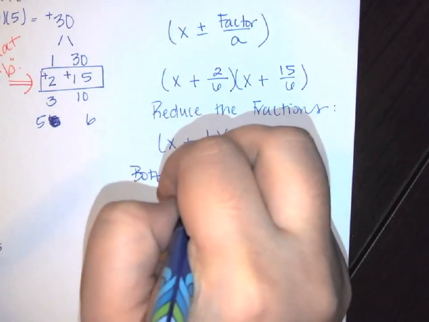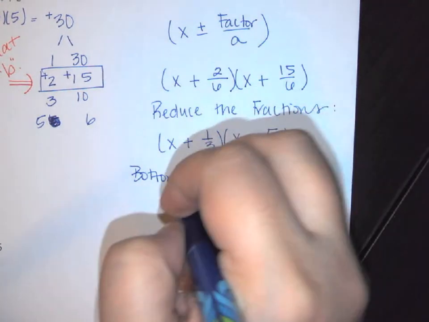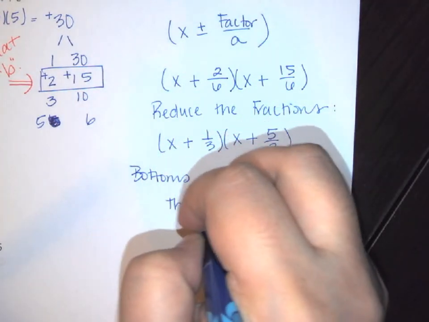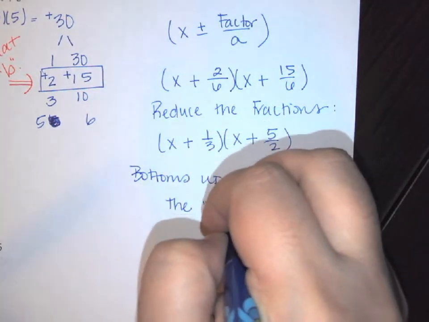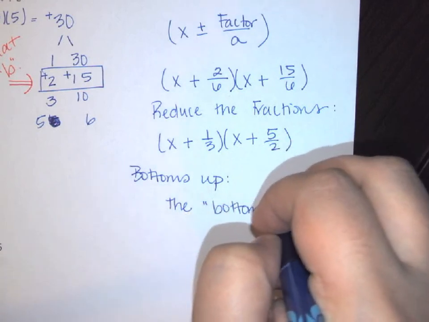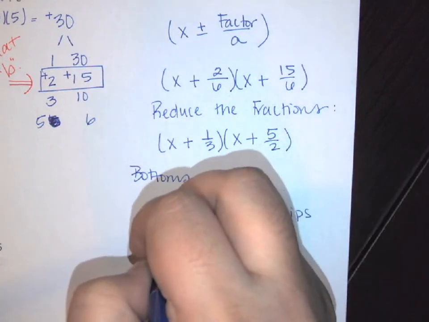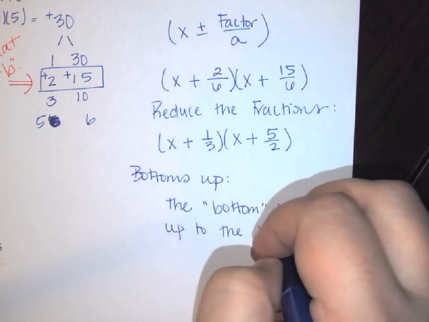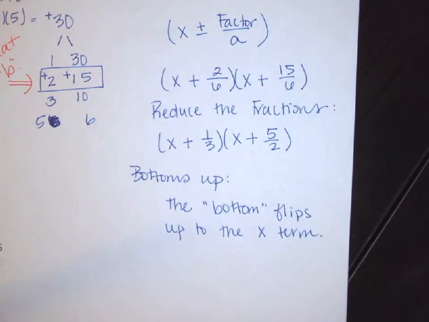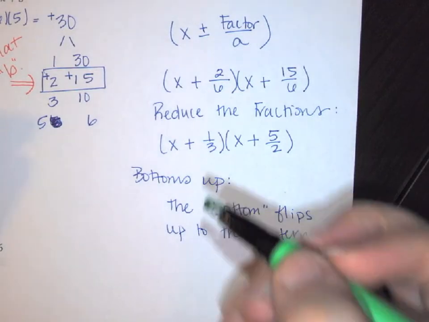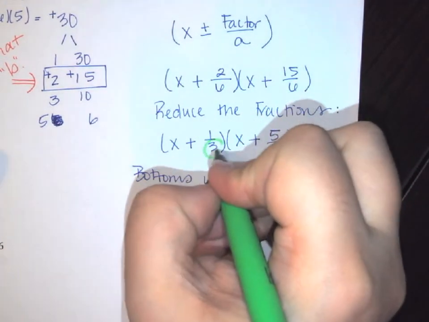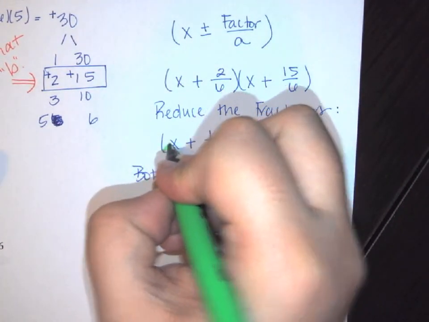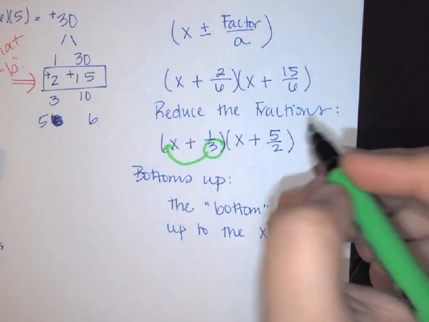Bottoms up says the denominator, or the bottom, flips up to the x term. So the 3 is going to flip up and become partnered with the x.